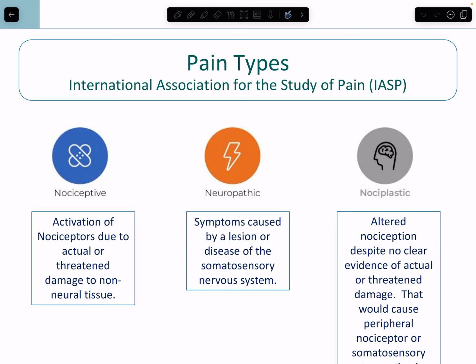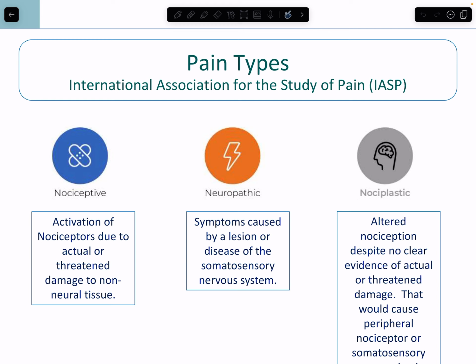So nociceptive pain is an activation of nociceptors because of an injury to tissue, or it's kind of funny, it says threatened damage, which means there's a progression of compromise to an area peripherally somewhere. Whereas a neuropathic condition is kind of similar, but it's affecting the somatosensory system, meaning motor and sensory system at a nerve root or peripheral nerve level.